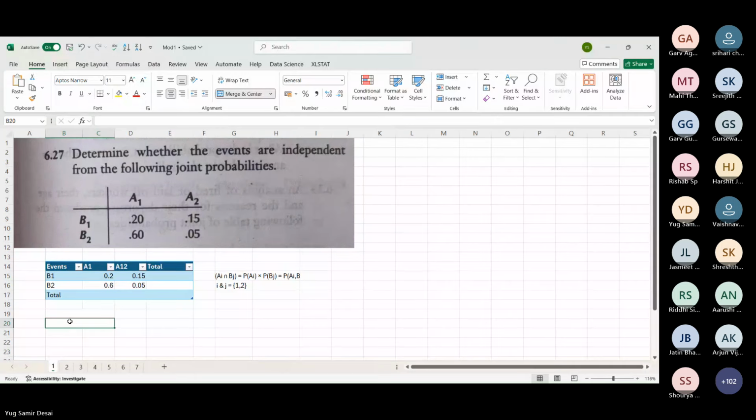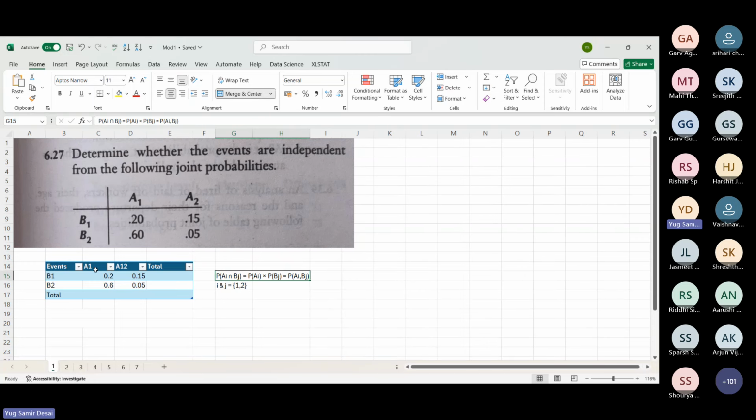Okay, great. So in this question, we have been given the joint probabilities, which is P of A intersection B. For example, 0.02 is the probability of A1 intersection B1, and we have been given this for A1 B1, A1 B2, A2 B1, and A2 B2.